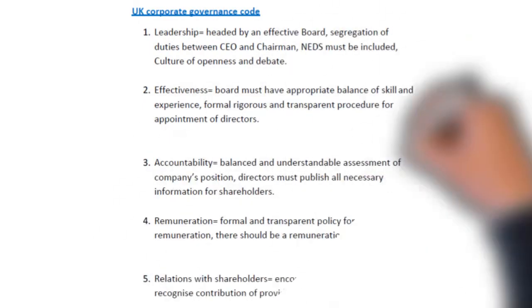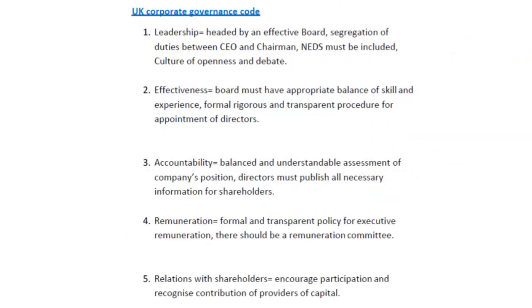Whenever they give you corporate governance, obviously you will first introduce the topic, but then try to link it to the UK Corporate Governance Code. So, what is the UK Corporate Governance Code? Generally what is assumed is, no matter what country they give you as part of your pre-seen, they will tell you that the corporate governance code of UK can be followed.